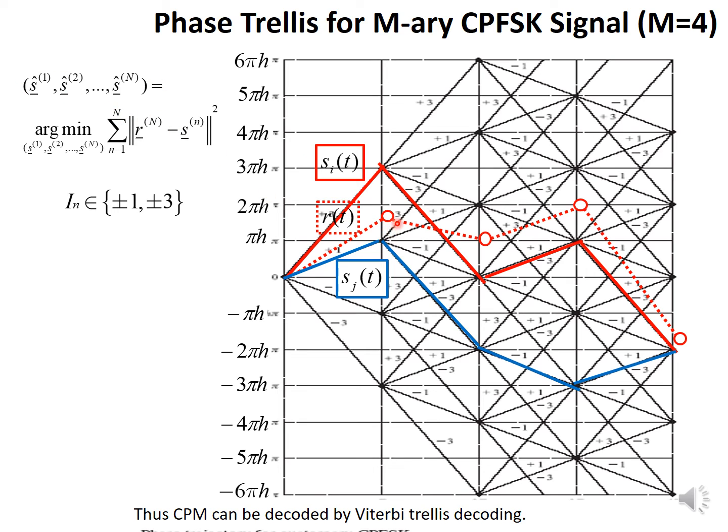Then we can correct the local error, because of using path-to-path comparison. Then we reach the decision by the phase trellis detection.